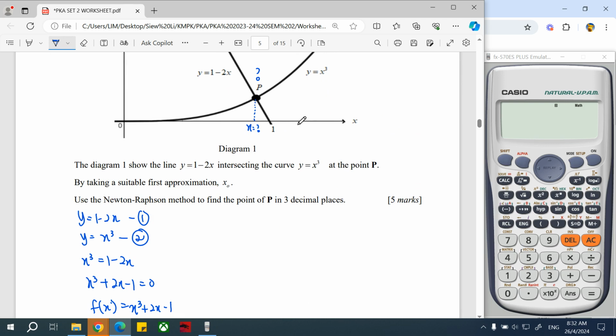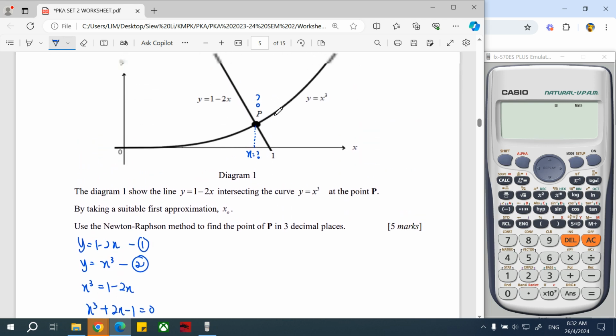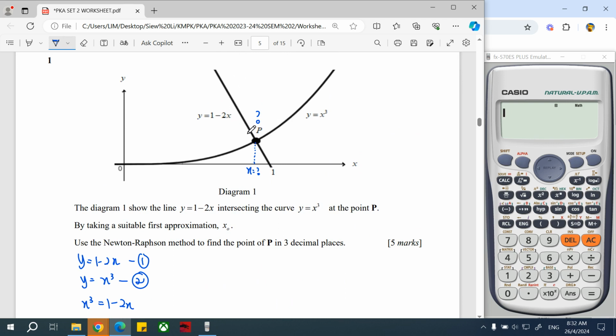So what can we observe here? What is our first approximation from the graphical method? Normally we have 2 methods: one is the algebraic method, one is the graphical method. In the algebraic method, they give us an interval, we substitute values and analyze positive and negative, so we can get the first approximate value. From this question, they ask for the graphical method. They draw the graph for you.